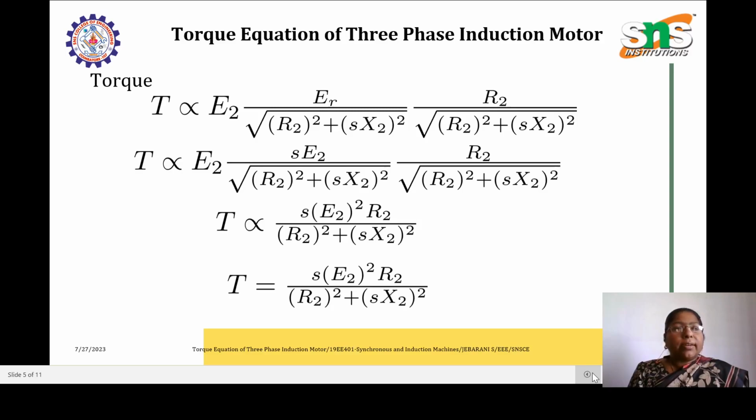Similarly, the power factor is R2 divided by rotor impedance at running condition. And flux is proportional to rotor voltage at standstill condition. So all the factors are dealing with the rotor circuit here. So T is proportional to S into E2 square into R2 divided by R2 square plus (S into X2) the whole square.